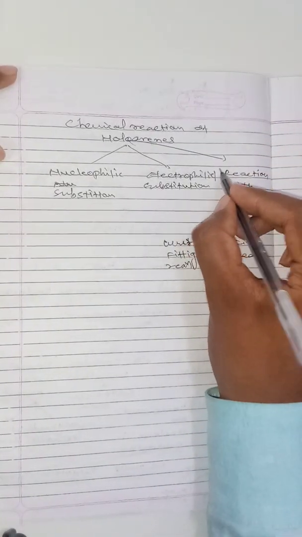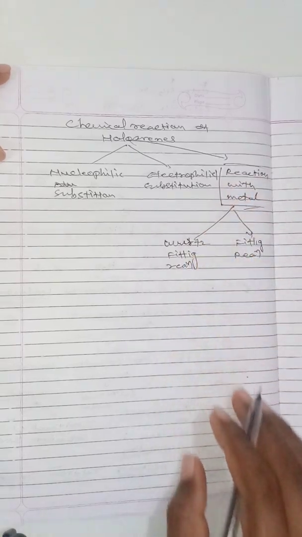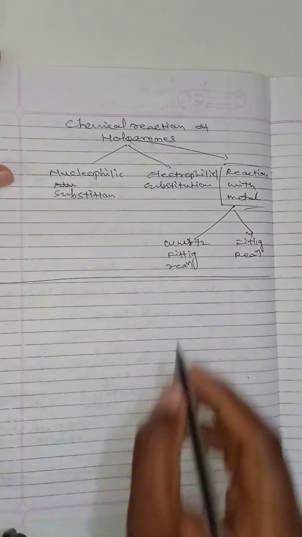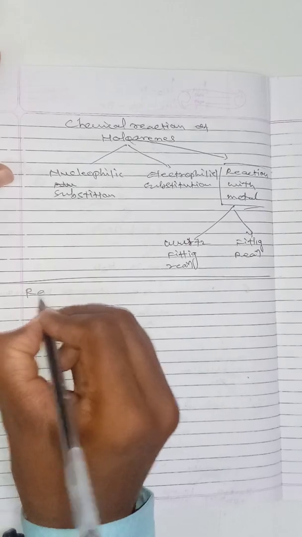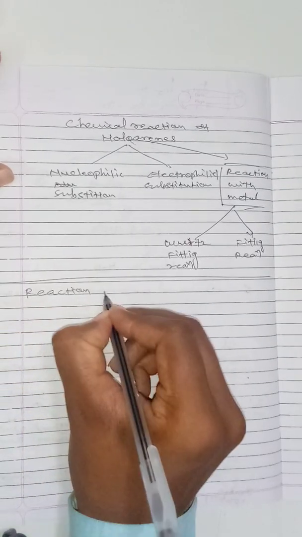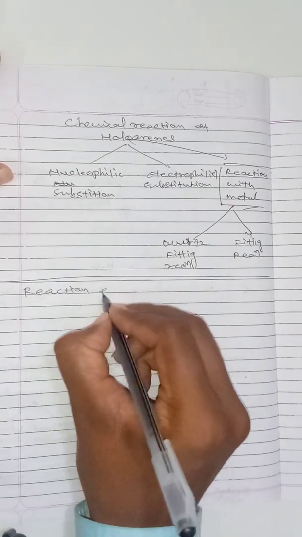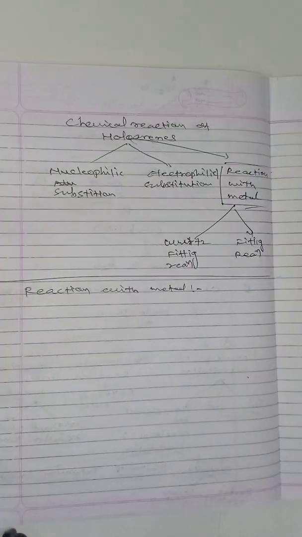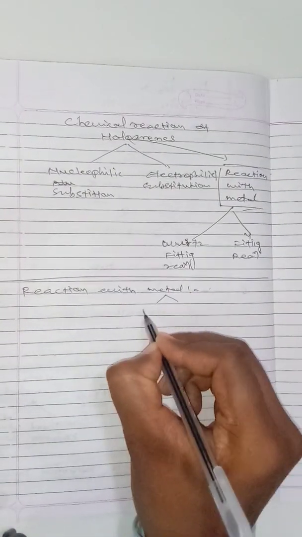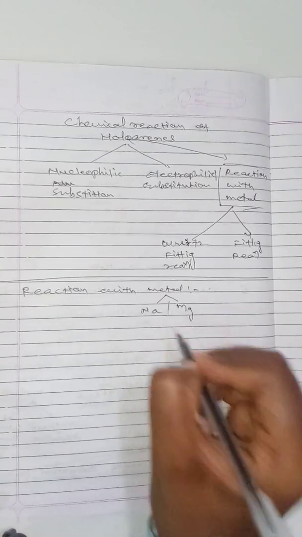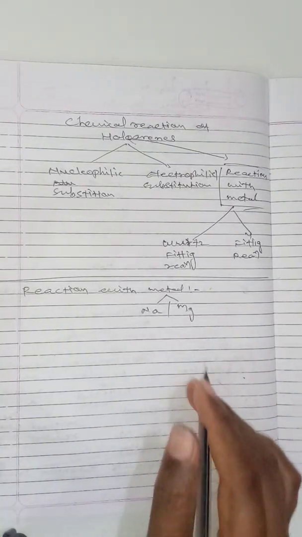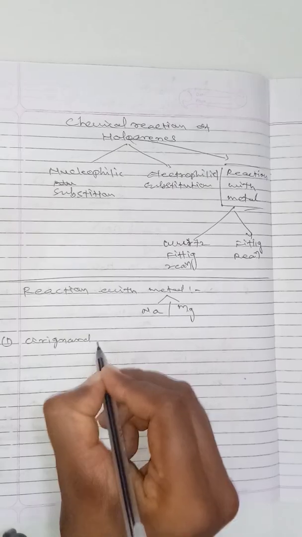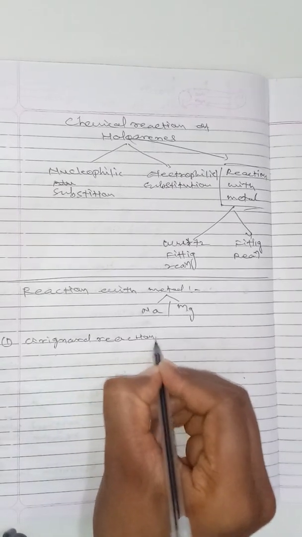So here first of all we discuss the reaction with metal of haloalkanes and haloarenes combinedly. Here sodium metal or magnesium metal. Number one, Grignard reaction.